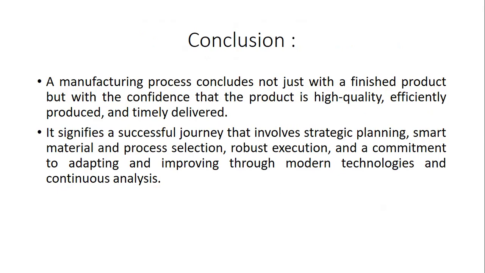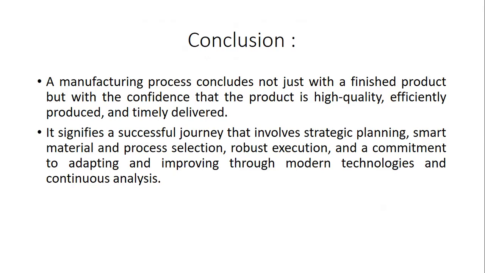Now with this information, I conclude the presentation for today's session. Manufacturing process not only tells about the making of the final product or commodity, it also describes how the product has to be prepared with better quality, efficient production, and timely delivery by reducing material wastage and cost.